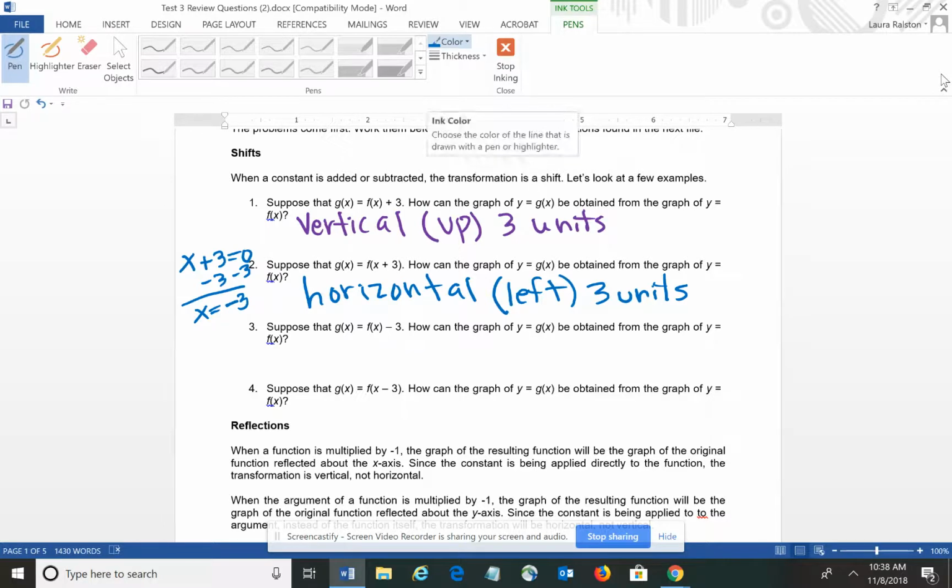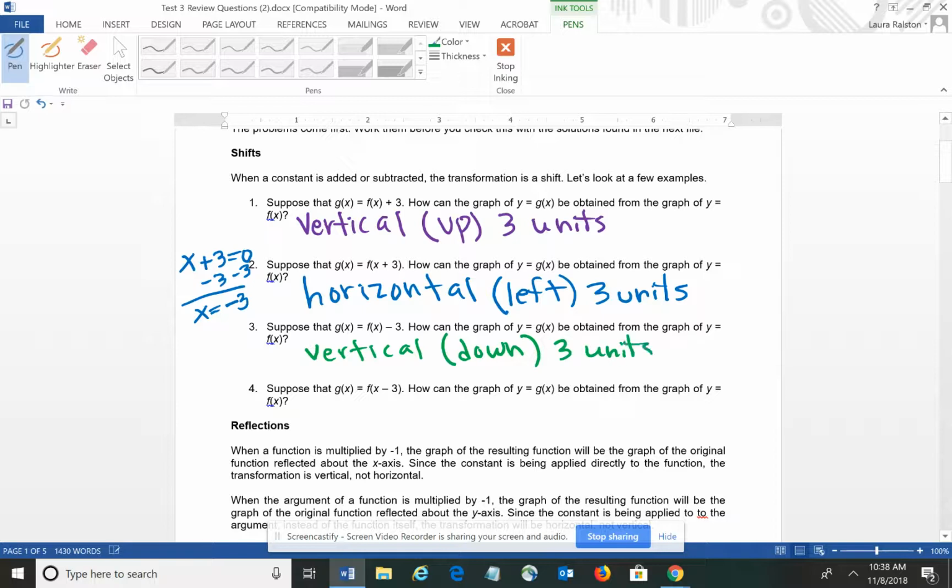The third one, we have g of x equals f of x minus 3. Again, the minus 3 is outside the parentheses, so that lets me know it's a vertical shift. And because it's a minus, we're going to go down 3 units. Then the last one, again, we have f of x minus 3.